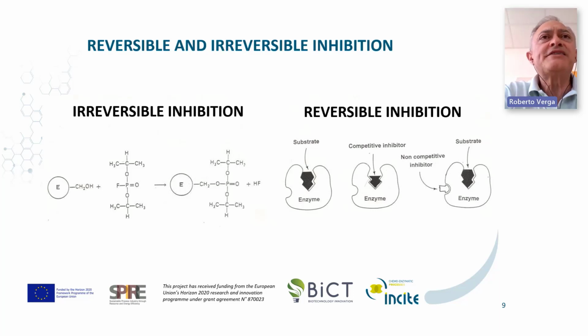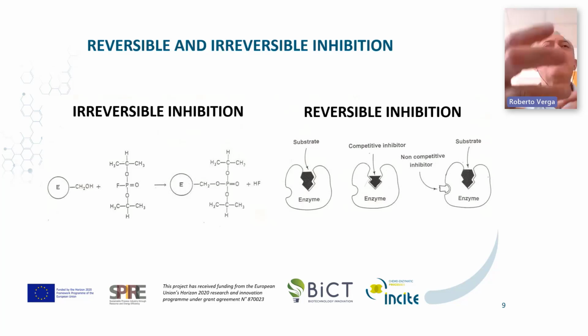Enzymes, sorry. The enzyme in this case is acetylcholinesterase, an important enzyme for neurotransmission. This kind of organophosphorus compound is a nerve gas. Practically, this is the mechanism of nerve gases. Nerve gases are recognized as chemical weapons, weapons of mass destruction, very dangerous.